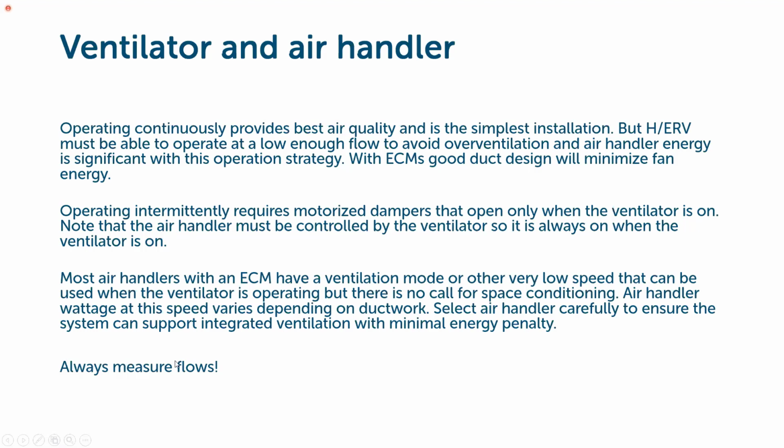Measuring flows and knowing that you have a balanced system is crucial. You should have an exhaust and a supply that's within about 10% of each other when you're actually measuring the flow rates of equipment within a building. It's pressure balance, and pressure balance is crucial in any duct system, whether it's ventilation or heating and cooling. You need to have an equivalent amount of air returning back into the system as you're supplying to the building.